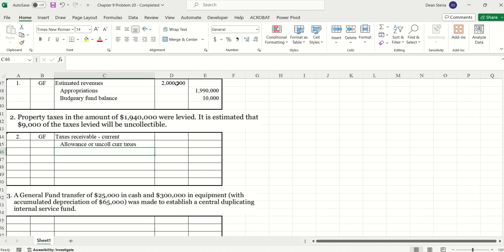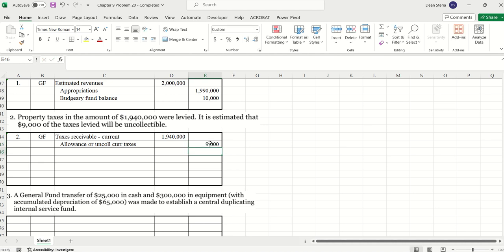So again, we know how much the property taxes are. 1940. Okay, and then the allowance they told us is 9,000.